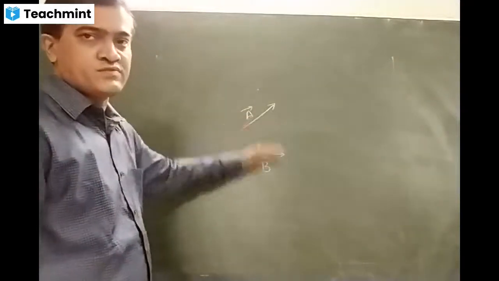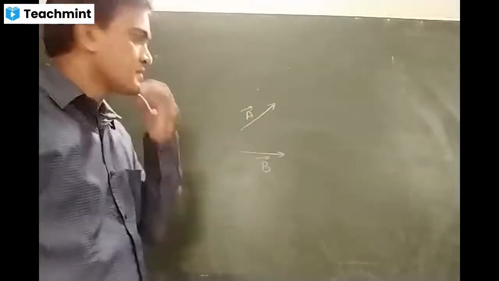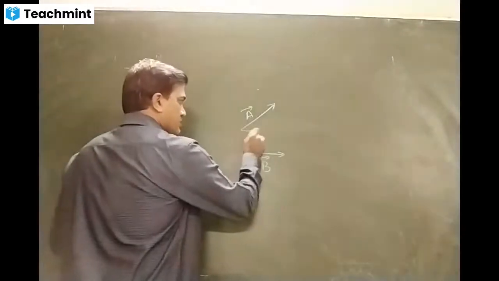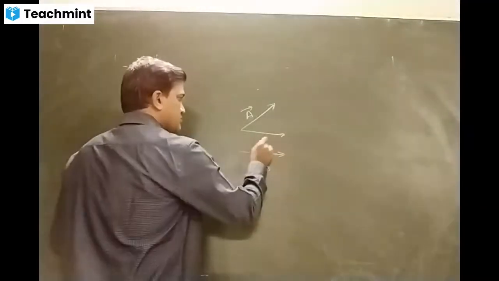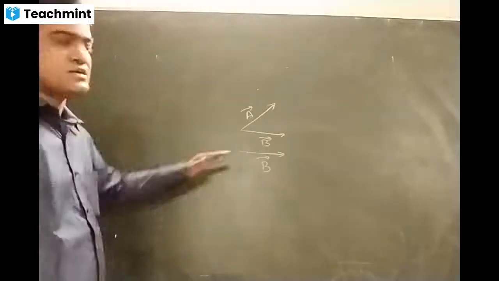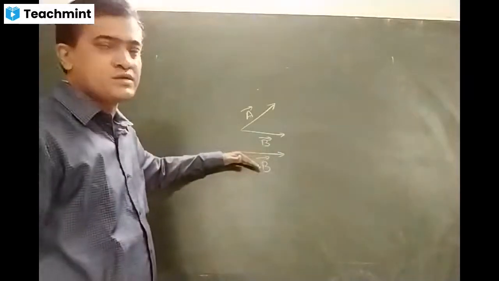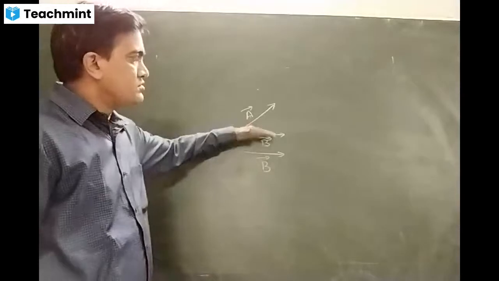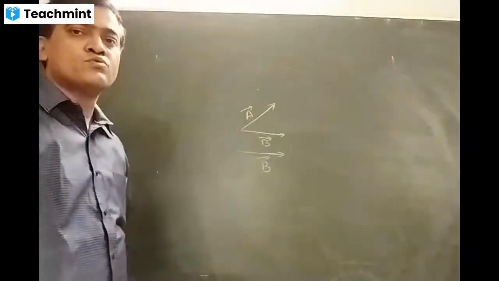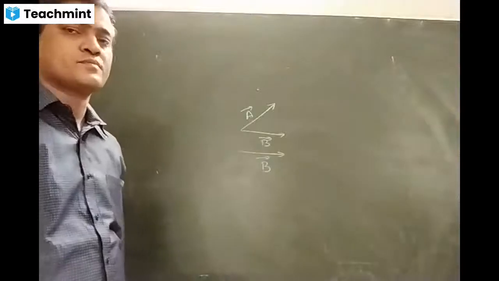Either way, you can move. Right? Let me move B bar to A bar. This is B bar. What I did is I have moved this vector B towards A bar such that the tails of the two vectors coincide.